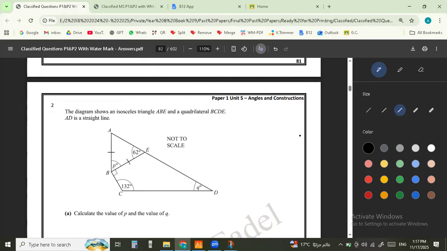The diagram shows an isosceles triangle ABE and a quadrilateral BCDE. AD is a straight line. Calculate the value of P and the value of Q. They are telling you that ABE is an isosceles triangle, and we agreed that the only angle that is going to be different is where the equal sides meet.